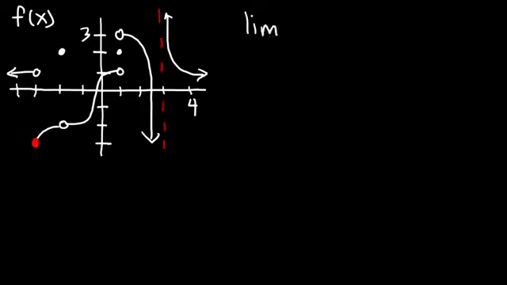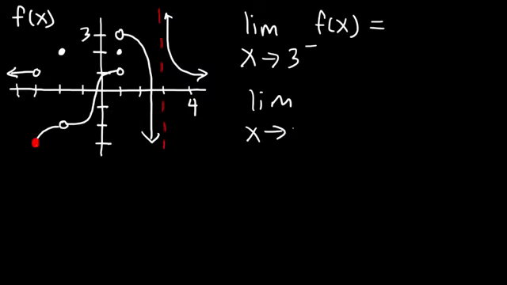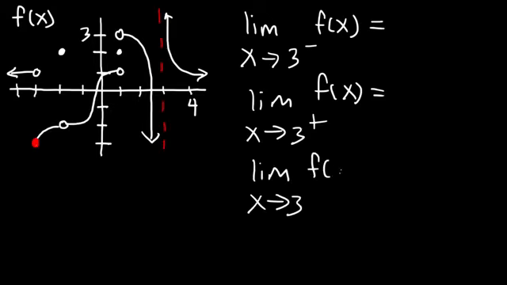What is the limit as x approaches positive 3 from the left side and from the right side, and from either side, and then find the function value at 3. So notice that at x equals 3 we have this vertical asymptote.